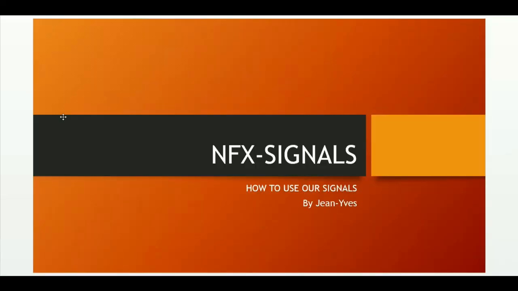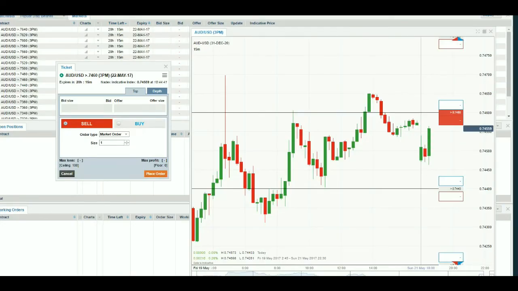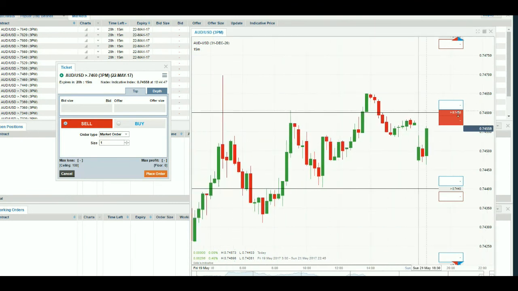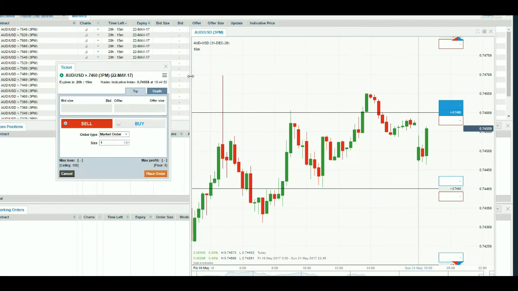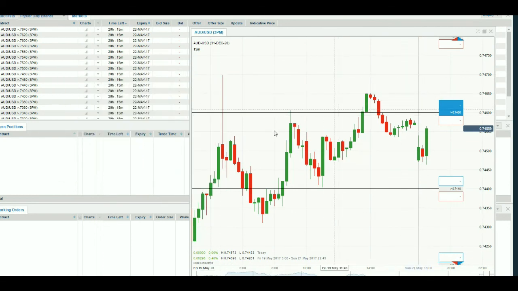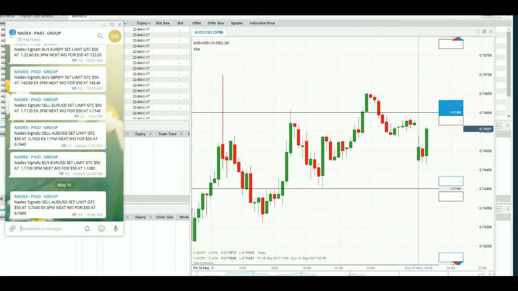So from there, you want to go to your Nfx platform. Let's open our demo platform here and see what's going on. I don't know, it's not letting me sell or buy anything, but I'll try to explain here. So once you receive the signals, you have the entry. It said sell Aussie.